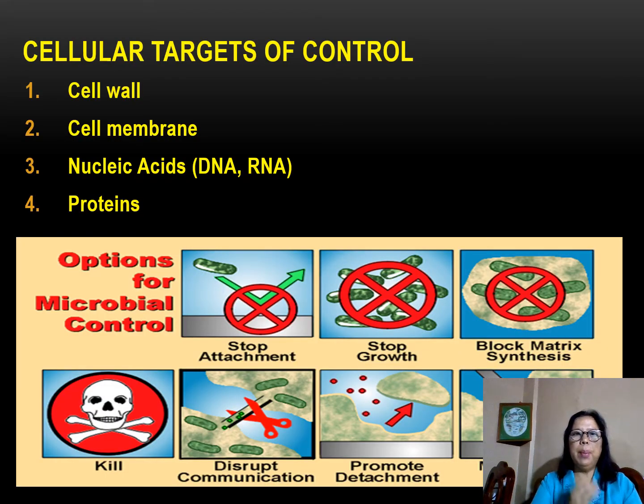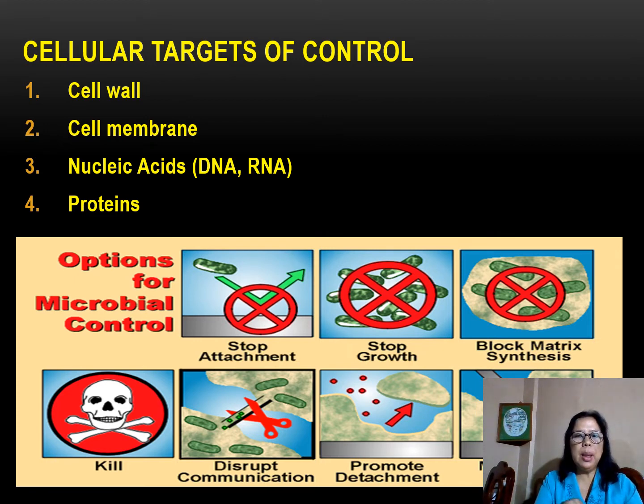Cellular targets of microorganisms include not only the appendages, but also the cell wall, the cell membrane, the nucleic acid, and protein. Here is an illustration showing the options for microbial control. First, microbial agents stop attachment.